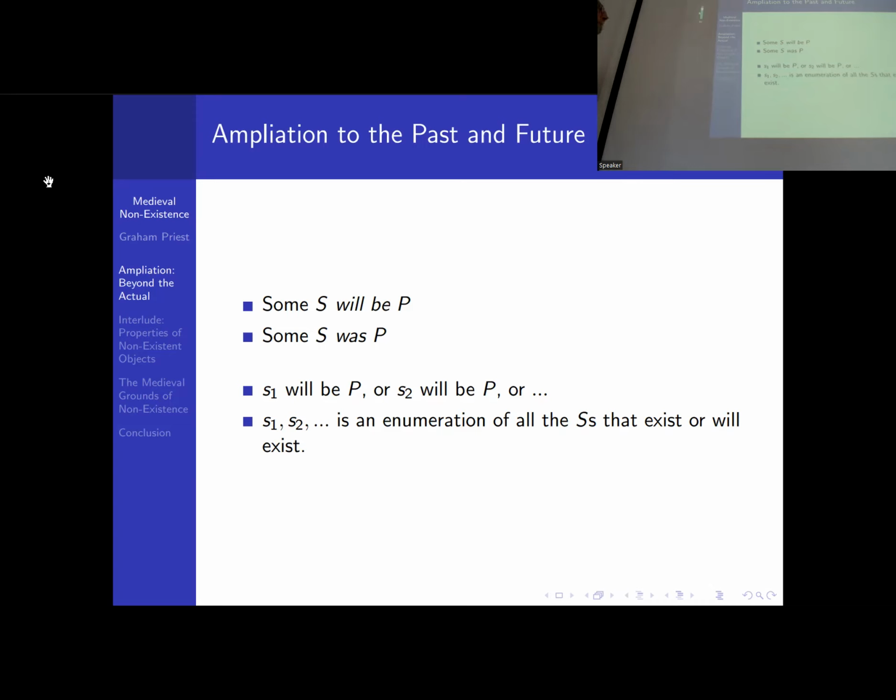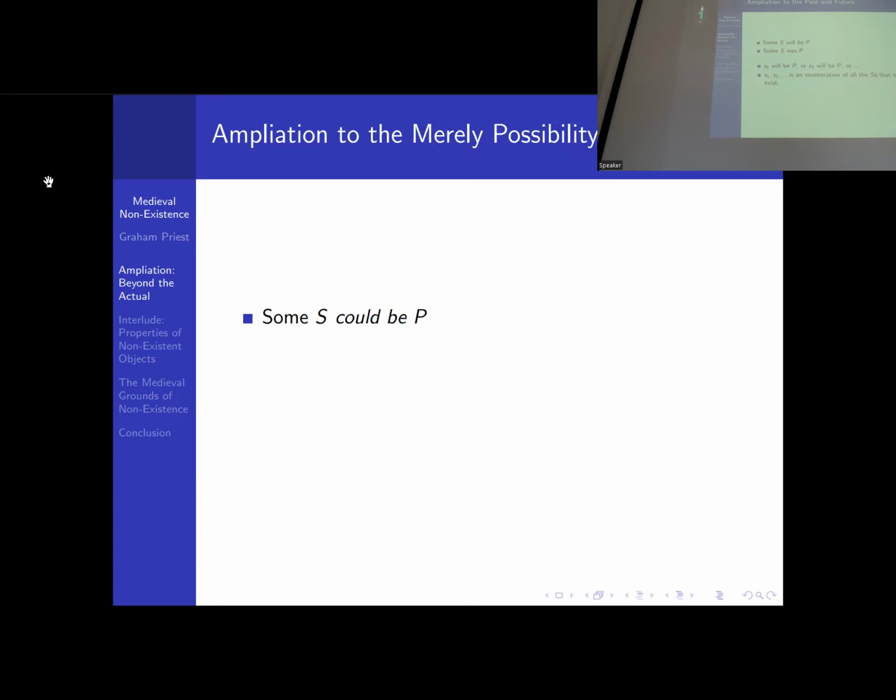So already we have an appeal to non-existent objects. Okay, but we've only just started. So here we are qualifying the copula with a tense, but there are other ways to qualify the copula. You can do it with a modal verb.